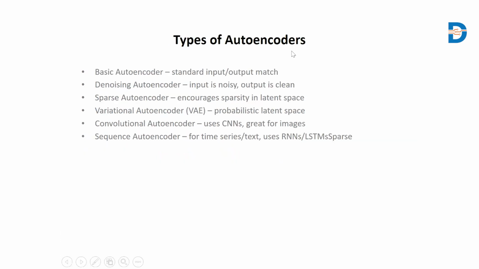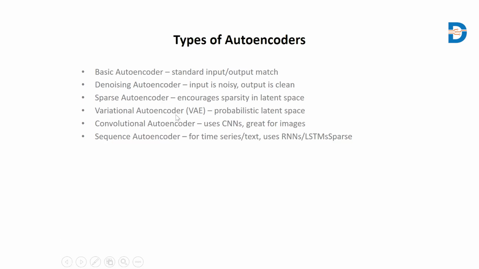Types of autoencoders. Based on the data or the process, there are different types. Basic autoencoders work on standard input and output match. The denoising autoencoder works on data where the input is noisy, and with its help we can get a clean output. The sparse autoencoder encourages sparsity in latent space.